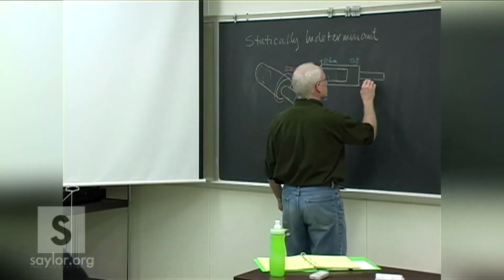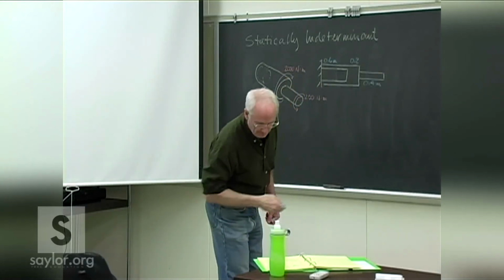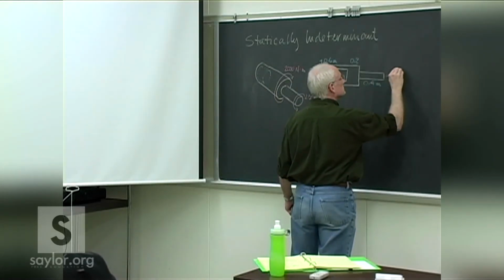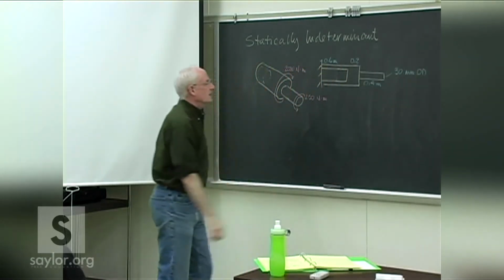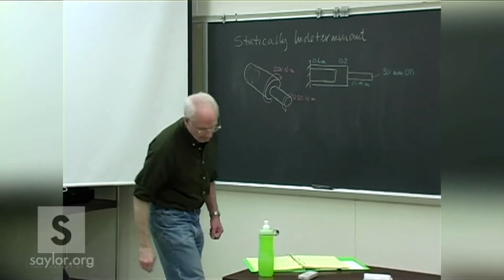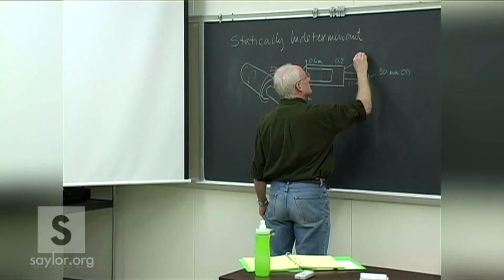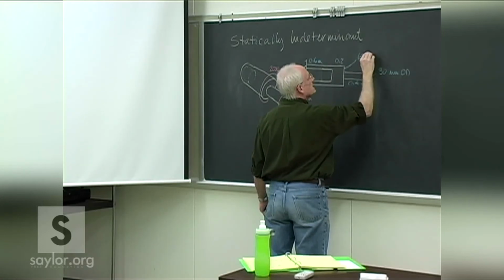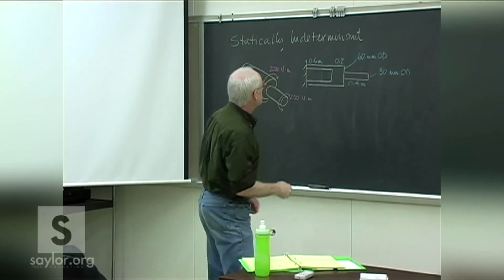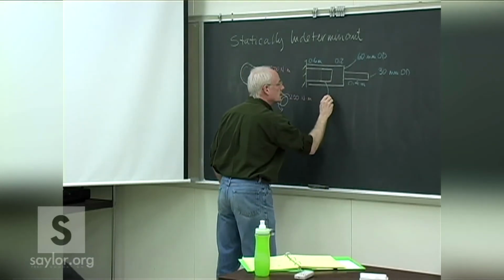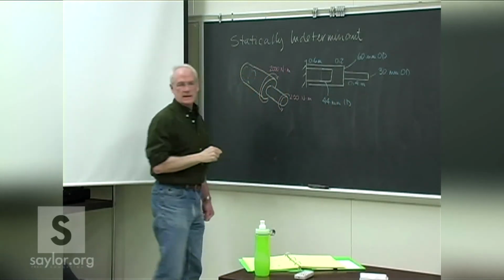And then 0.4 of a meter for the other part. 30 millimeter OD on the end. Twice that for the big section. And then the inside part, 44 millimeter ID, inside diameter.